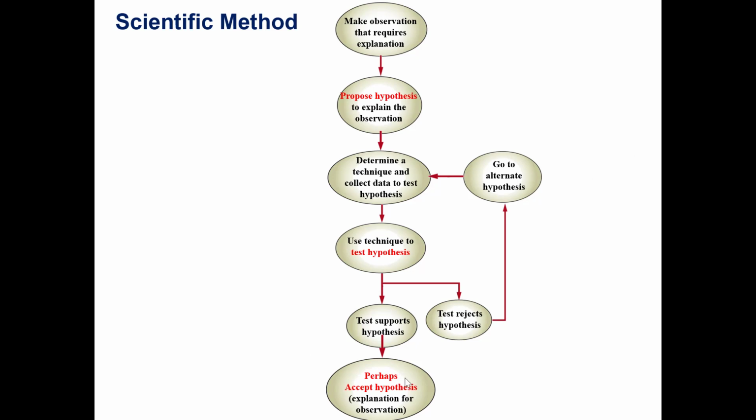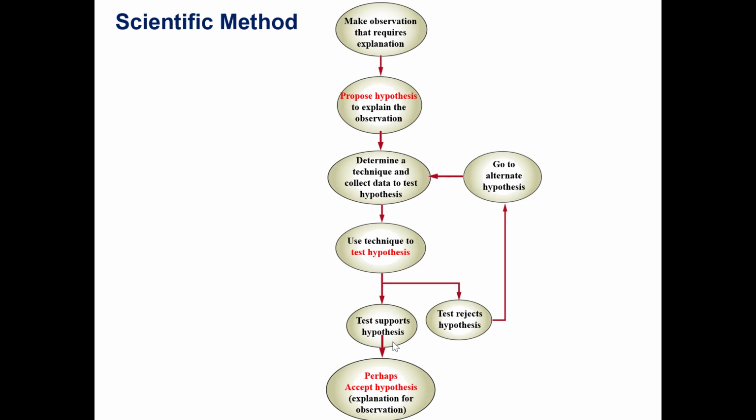Then we will have the results, and these results will tell us if the test supports the hypothesis. If the test supports the hypothesis, then we can accept that hypothesis and try to give the formal explanation of what we observe.